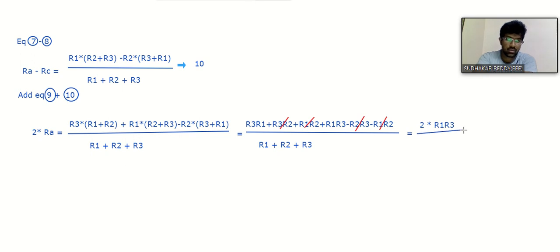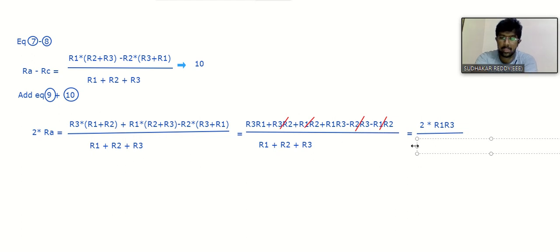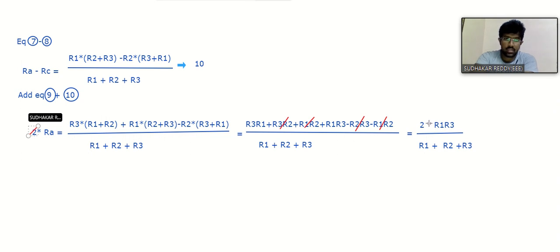Where RA is what? The star connected resistor, right? And that star connected resistor in terms of delta connected resistors, that is R1, R2 and R3. So this 2 and that 2 will get cancelled. Finally, the expression for the star connected resistor RA, this is what we want finally.